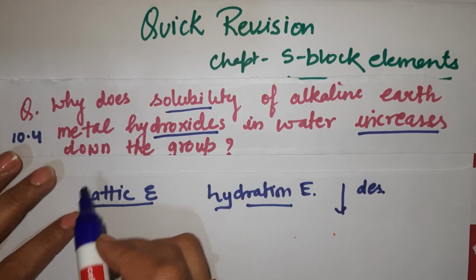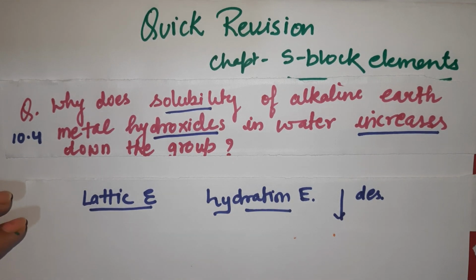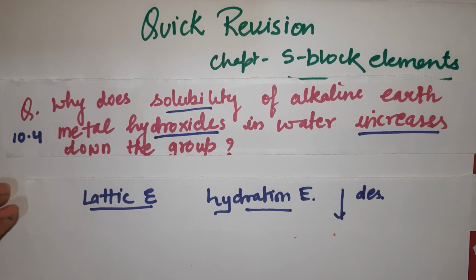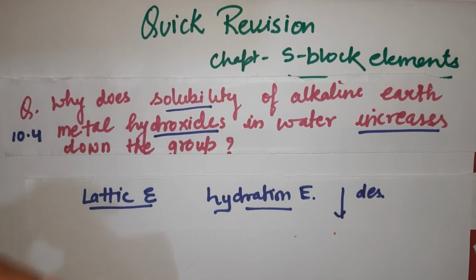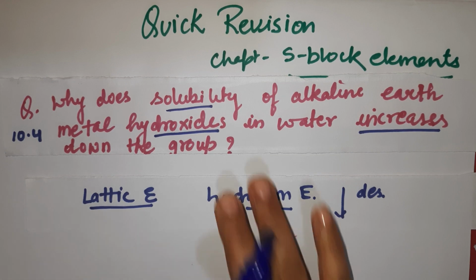But here we have to compare metal hydroxides. So if we compare the hydroxides of the metal, you need to understand that size down the group increases. So if the size increases down the group, it means the cations are increasing down the group.